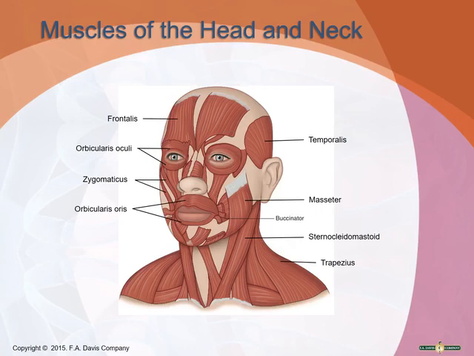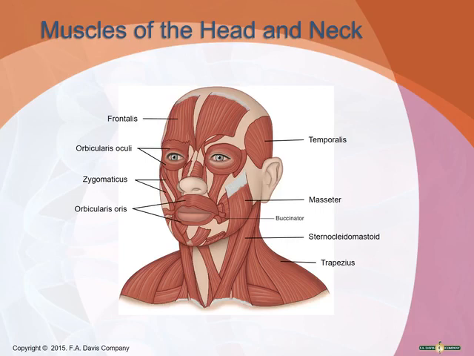The orbicularis oris is around the mouth, if you think of it as like the lips maybe. It closes the mouth and purses the lips like when you're kissing. And the buccinator is on the other side of the face, right here really. That assists in smiling and blowing like when playing a musical instrument or whistling.